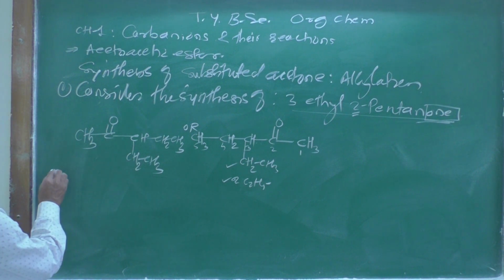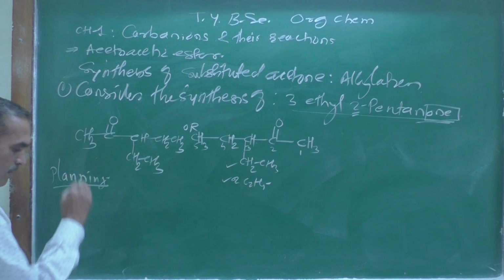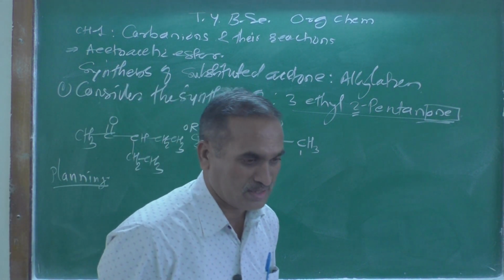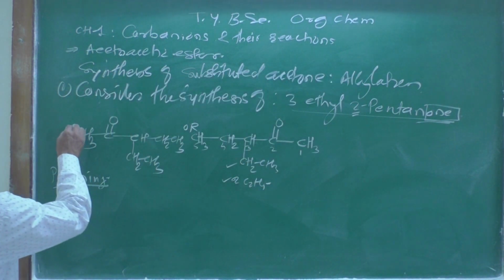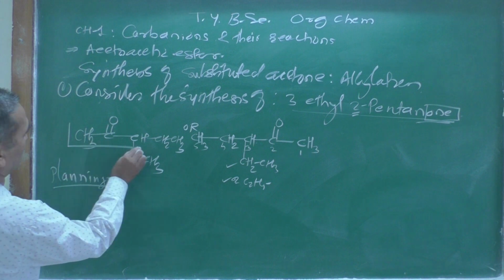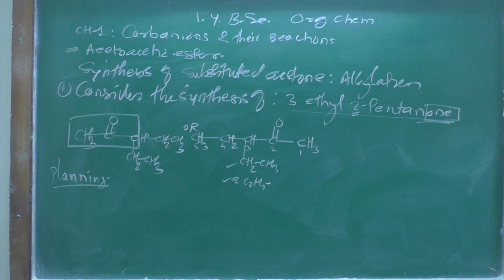Now the planning over here, and as we know, planning is very important as far as synthesizing an organic compound. So look at here, CH3, and this part I am marking. From where is this part coming?